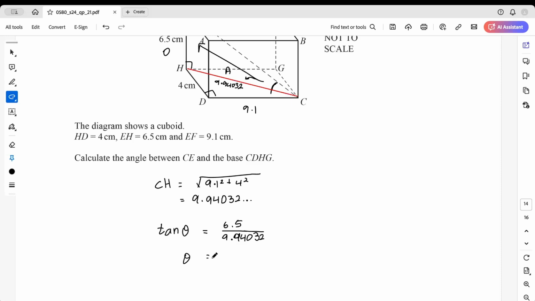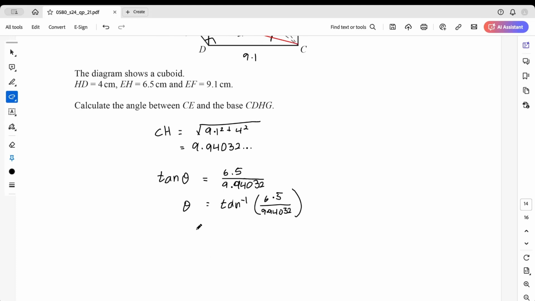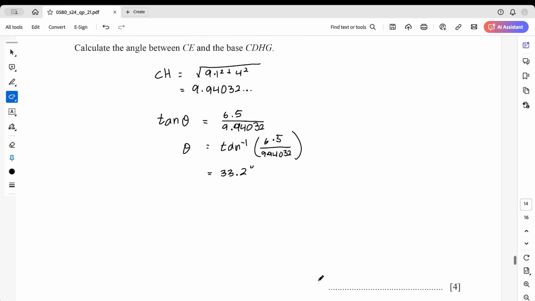So theta is the inverse tan of this, which will get you 33.2 degrees to 1 decimal place.